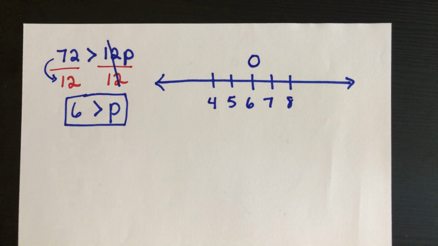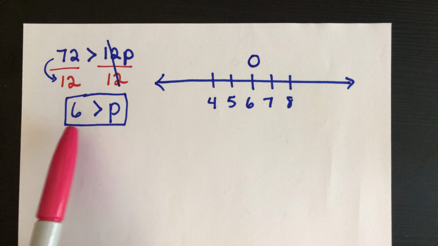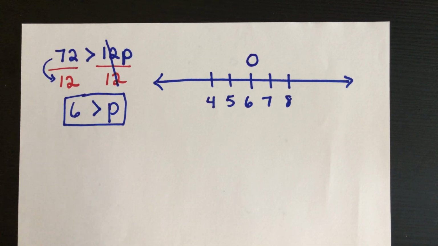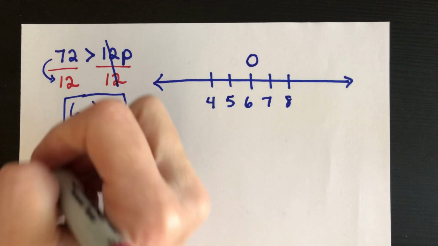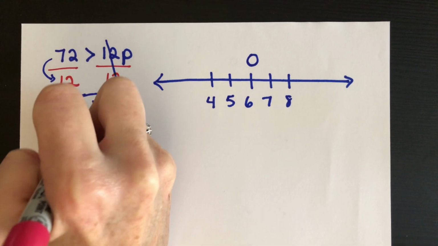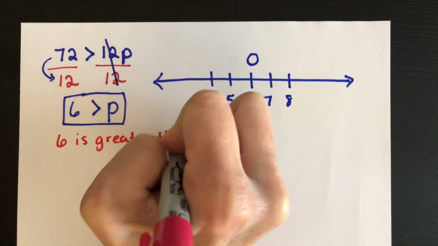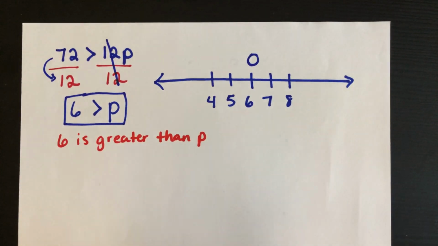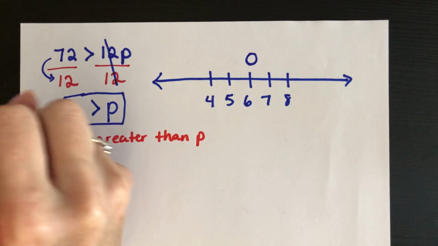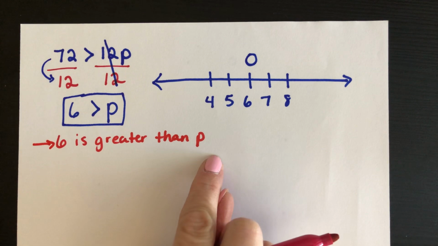But I'm reading this from right to left, because if I read it left to right, it's 6 is greater than p.